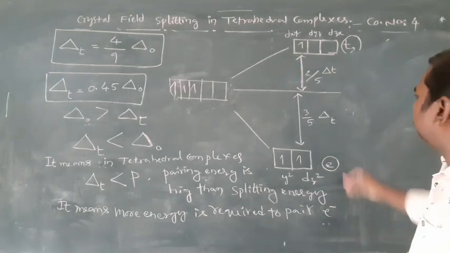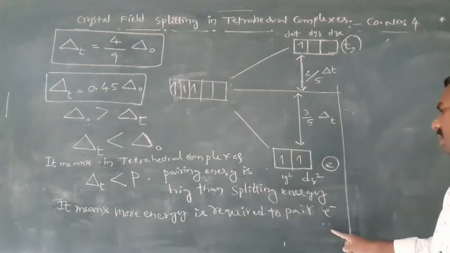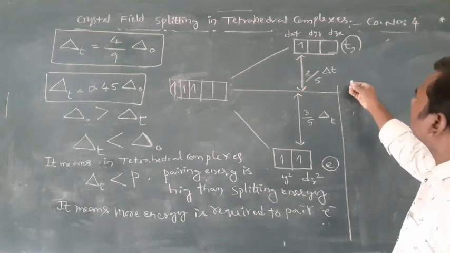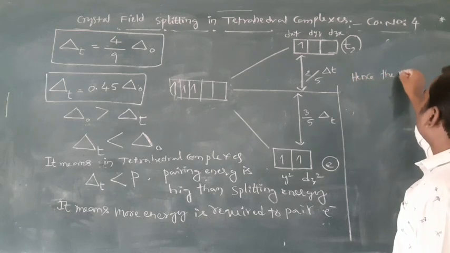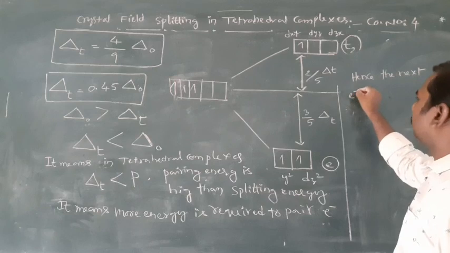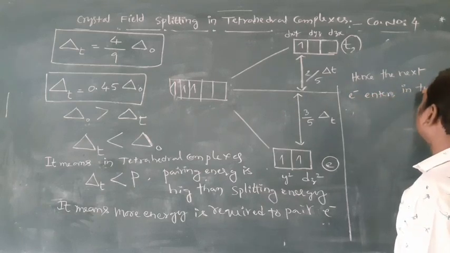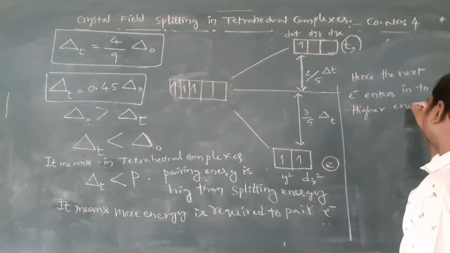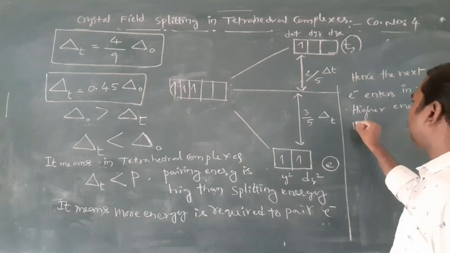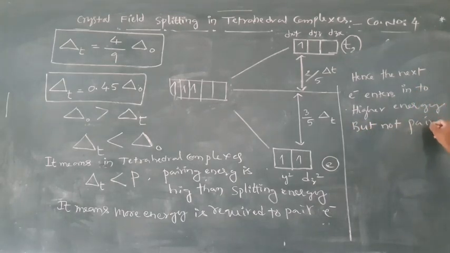So I am writing here: difficult. It means more energy is required to pair. Hence, the next electron enters into higher energy, but not paired.